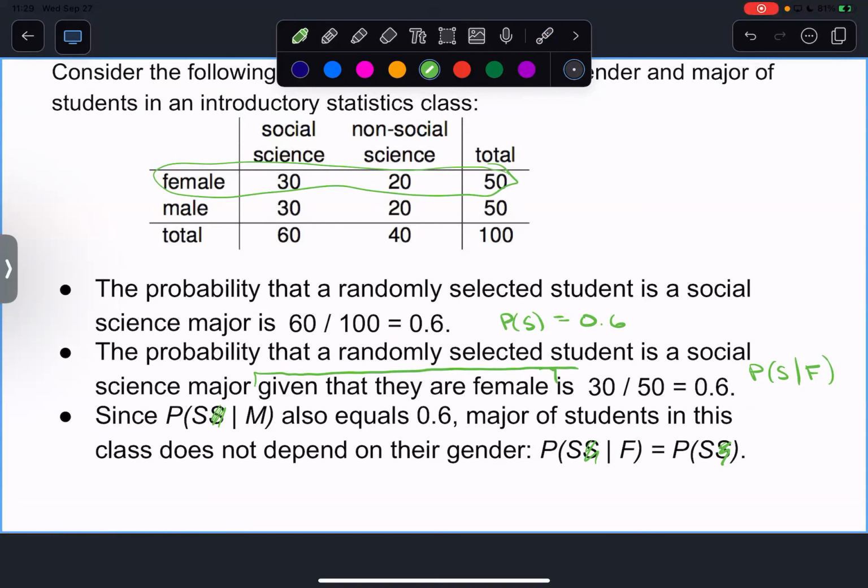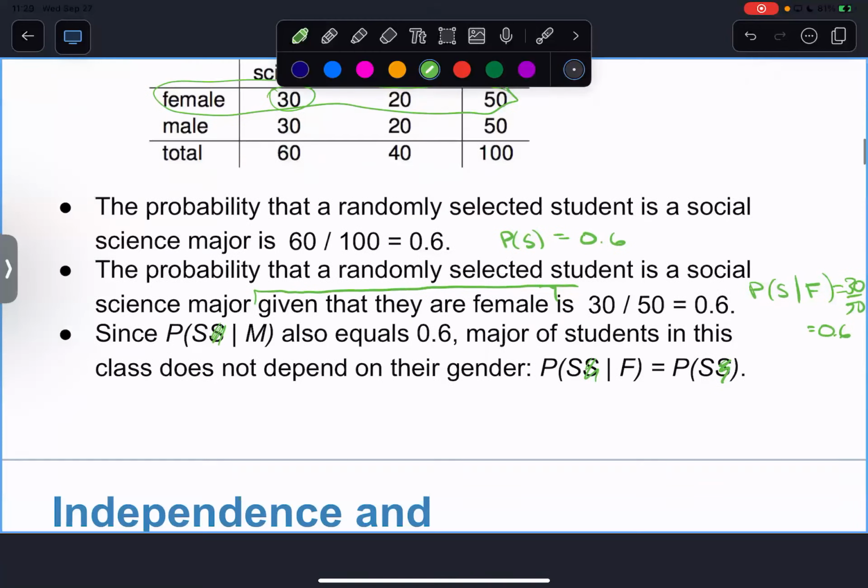Now my total is out of 50, and 30 of those were social science majors, and that's where the 30 over 50 came from. 30 over 50 is 0.6 again.